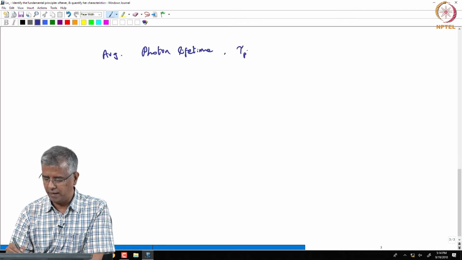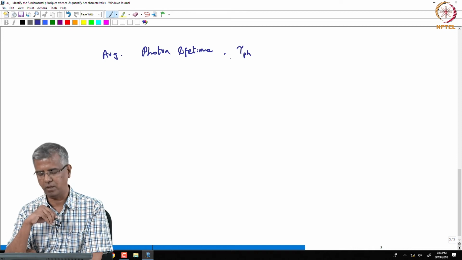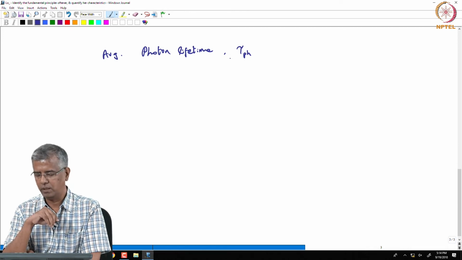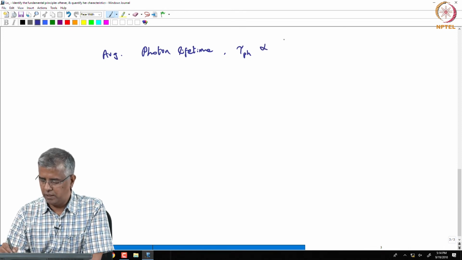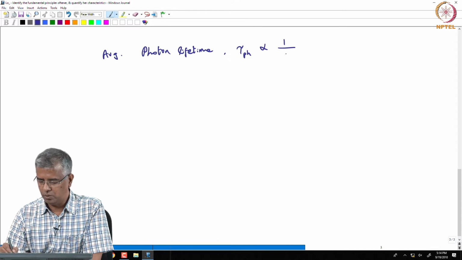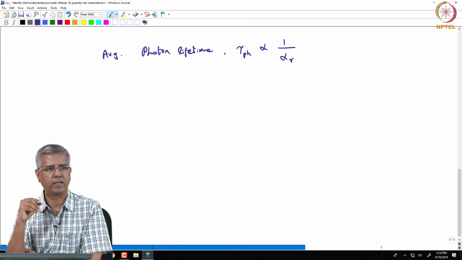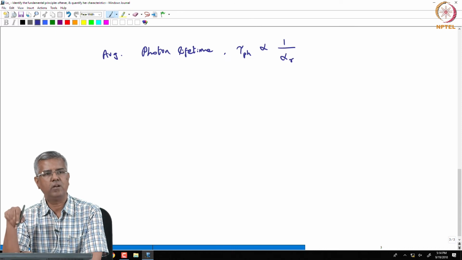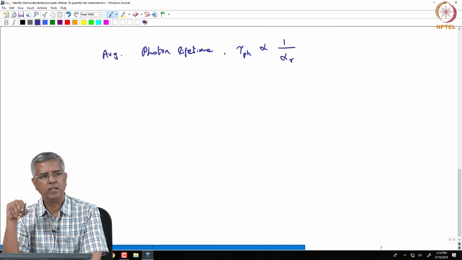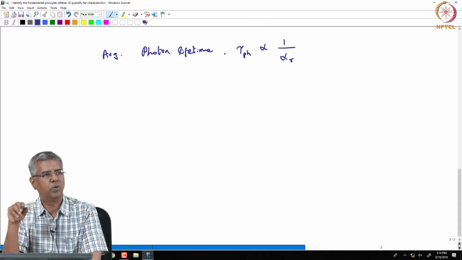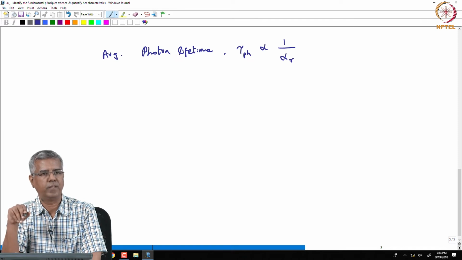That average photon lifetime, if I call that tau photon, is going to be inversely proportional to alpha r. If the resonator losses are very low, then I am going to have a long photon lifetime.